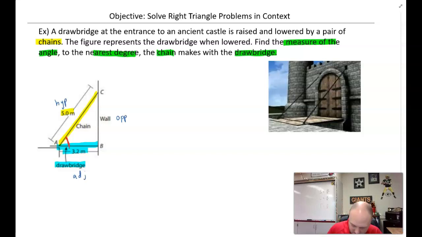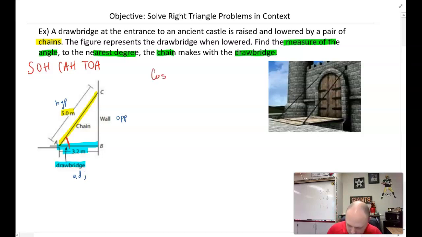If I want to find this, it looks like I have to use information about adjacent and hypotenuse. Again, SOHCAHTOA. If you don't have it memorized or know it automatically, you can just write that down. Adjacent and hypotenuse, that's going to be cosine.